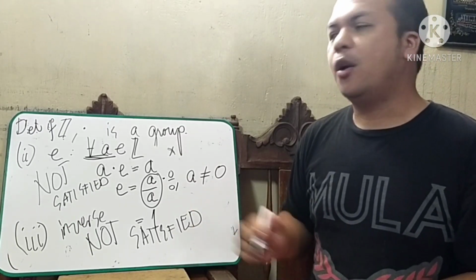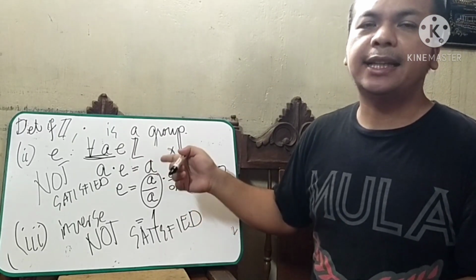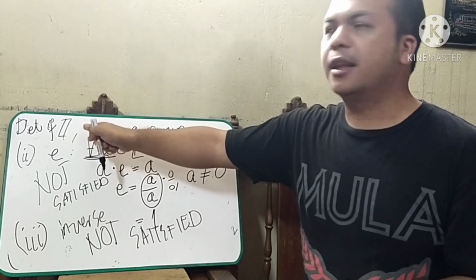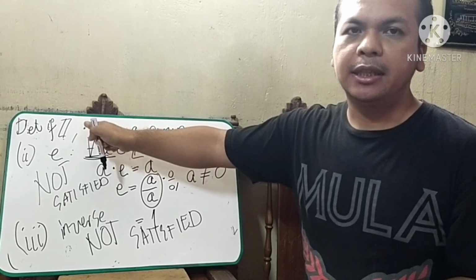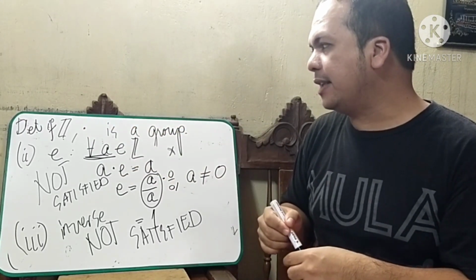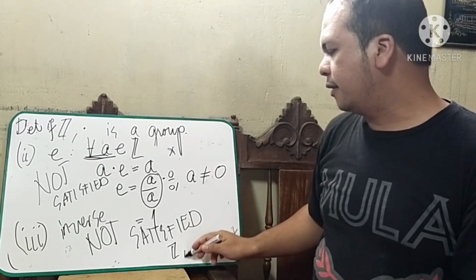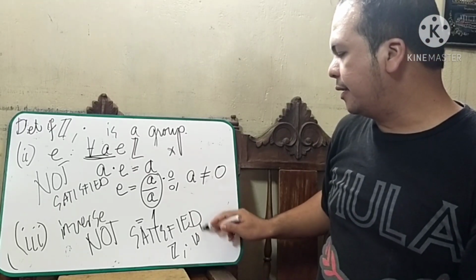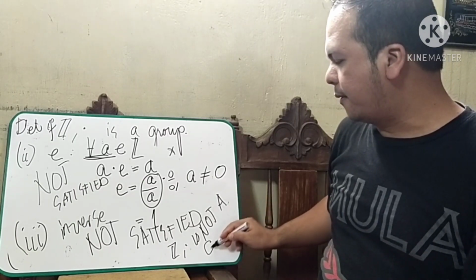Since only one among the three properties of a group is satisfied by this set together with the binary operation multiplication, that means to say that this set here with respect to multiplication is not a group.